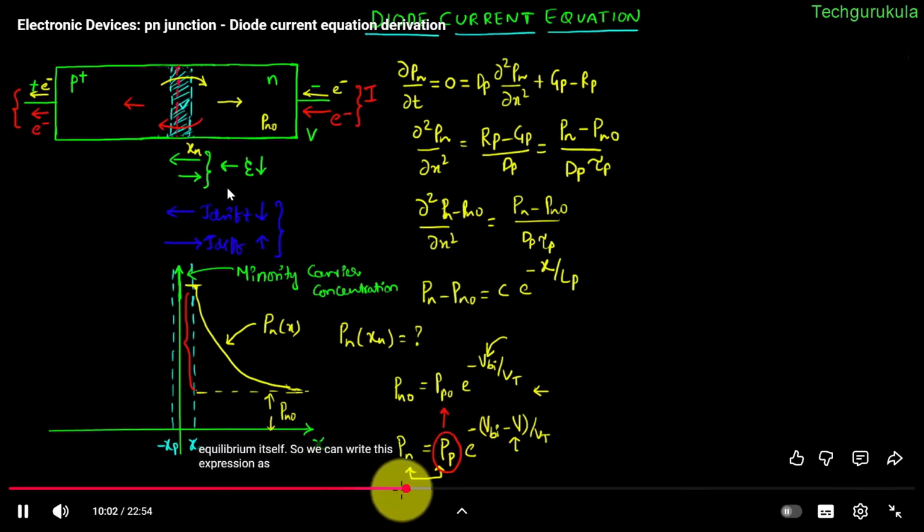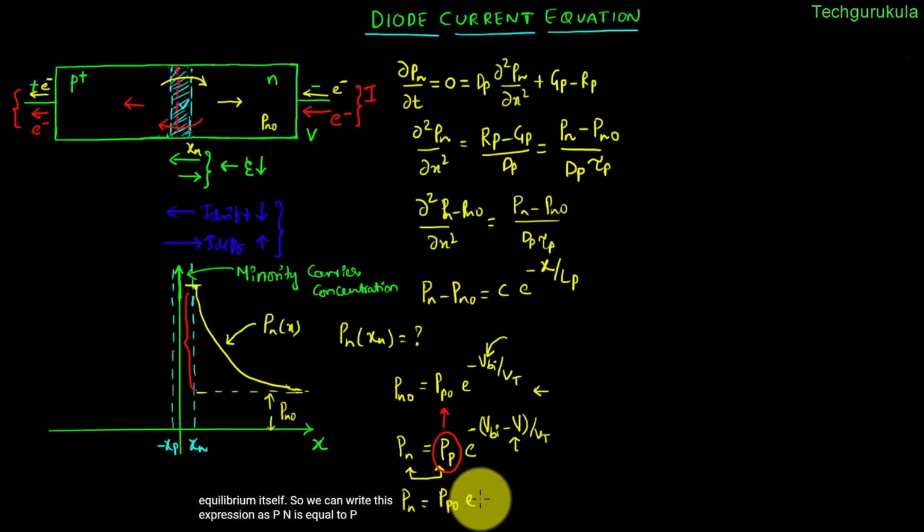So we can write this expression as Pn is equal to Pp naught times e power (Vbi minus V) over Vt. Our interest would be finding this quantity, which is Pn minus Pn naught.